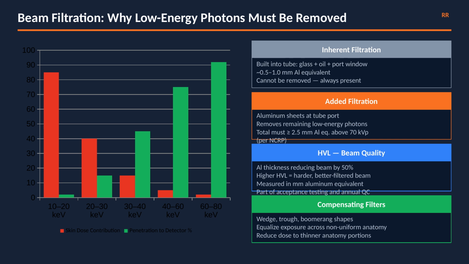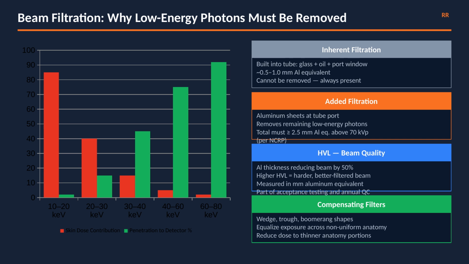Inherent filtration is built into every tube and cannot be removed. Glass envelope, insulating oil, and port window together provide approximately 0.5 to 1.0 mm aluminum equivalent. Added filtration, aluminum sheets at the tube port, removes additional low-energy photons after they exit the tube insert.